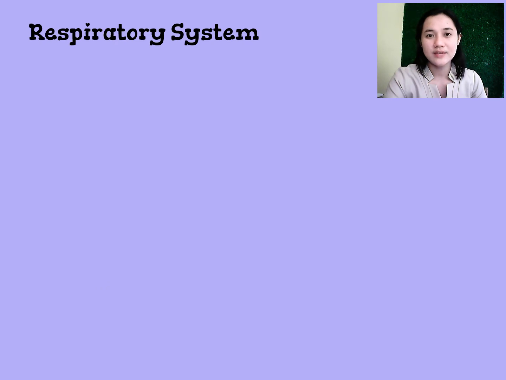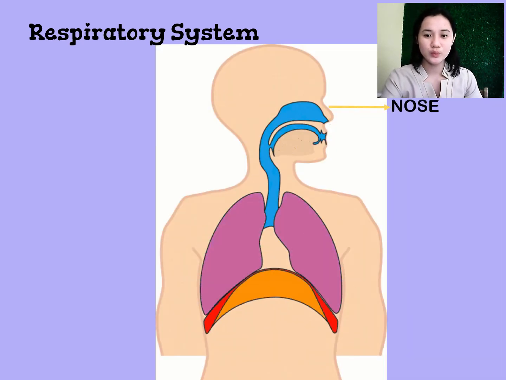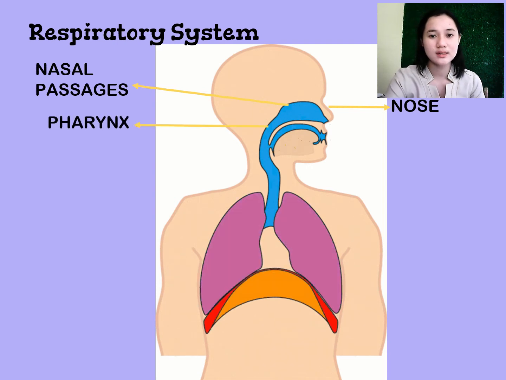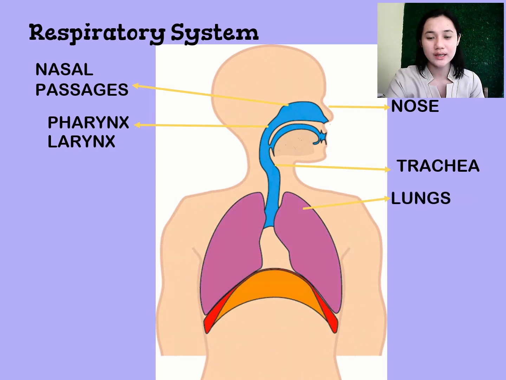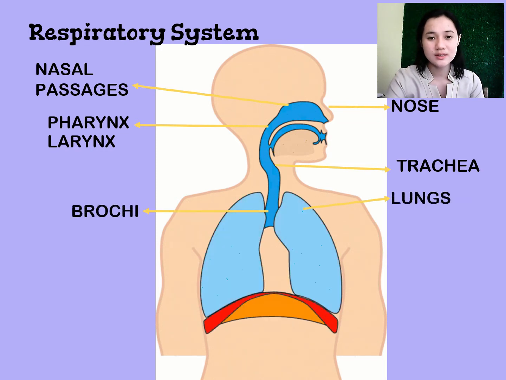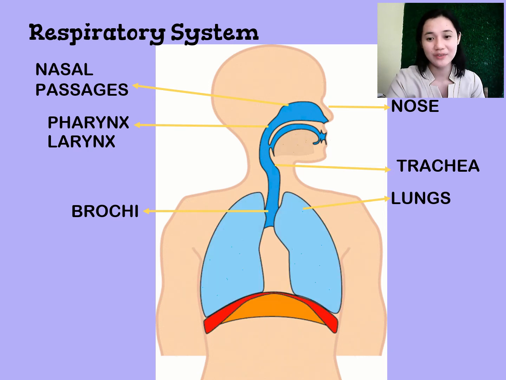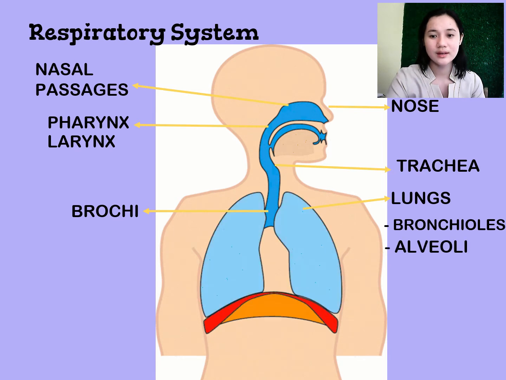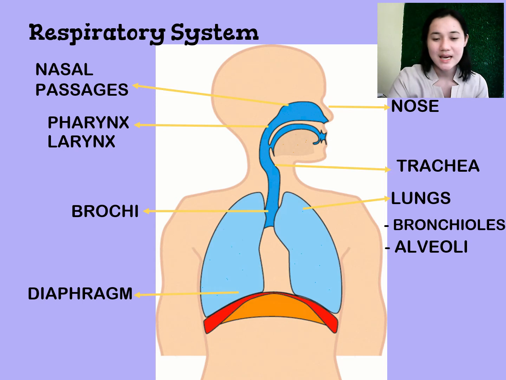But first, let's have a recap on the different parts of your respiratory system. So first, let's start with the nose, okay? And then the nasal passages, pharynx and larynx, trachea, the lungs, bronchi or bronchus, and then the bronchioles, the alveoli, and of course the diaphragm.